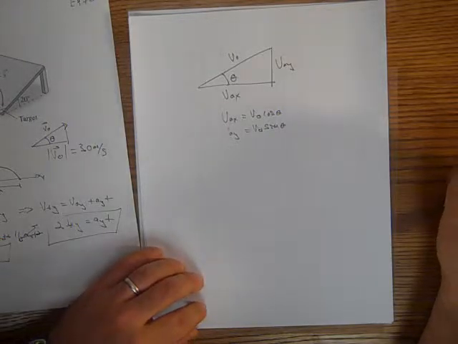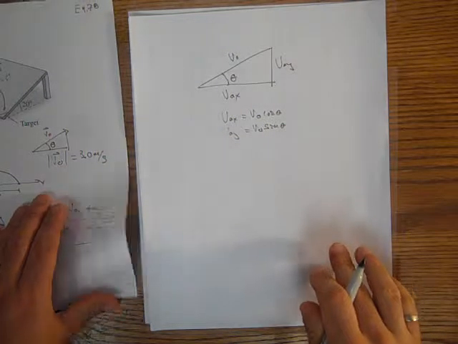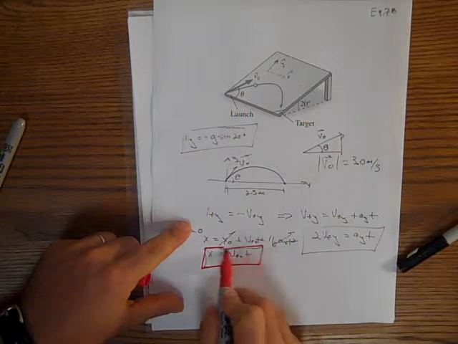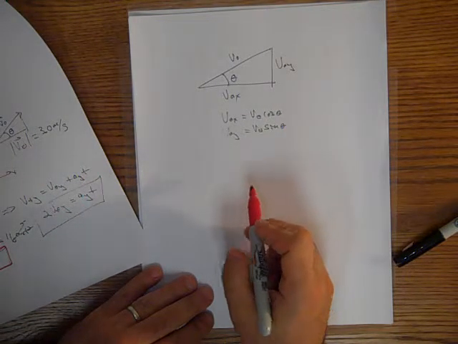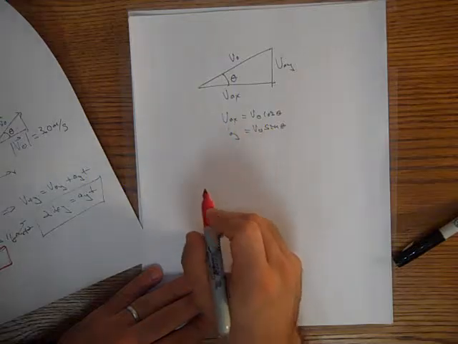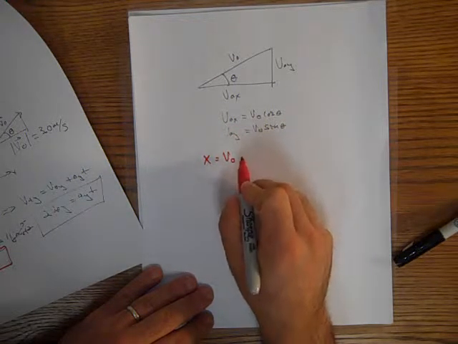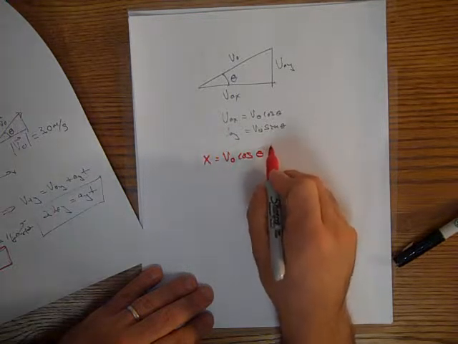V0y is going to be V0 times the sine of theta, opposite. All right. And so what I can do now is take my equations from before. We'll take this one in red. I'm going to substitute in V0x. X is equal to V0 cosine theta times time.